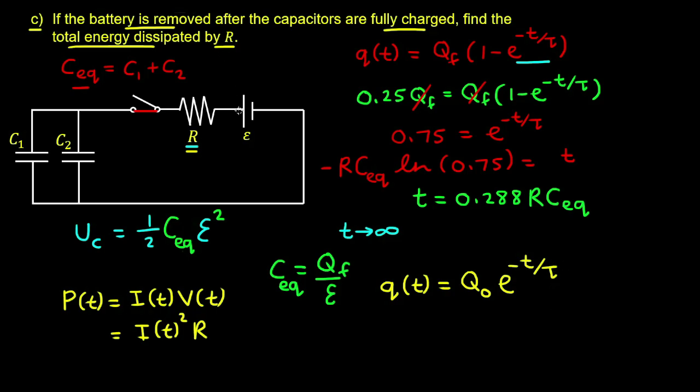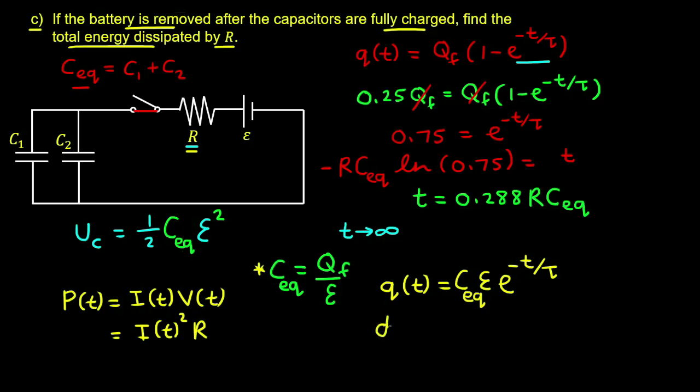So when the battery is removed after the capacitors are fully charged, then the total charge on our equivalent capacitor is equal to the equivalent capacitance by the electromotive force, in accordance with this expression.